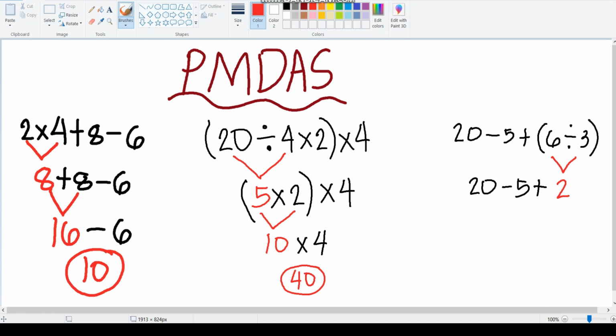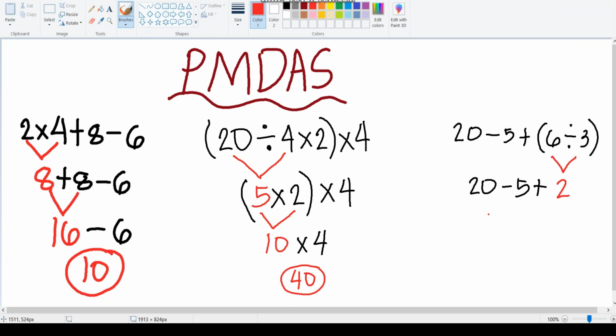So next one, we are left with subtraction and addition operations. So because we are left with subtraction and addition, according to the hidden rule or according to the rule of PEMDAS, if addition and subtraction are given in the expression, we have to solve first from the left going to the right, no matter who comes first.